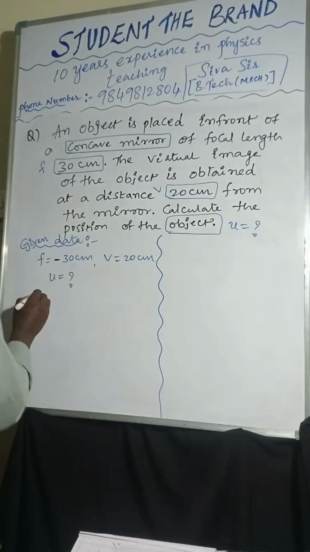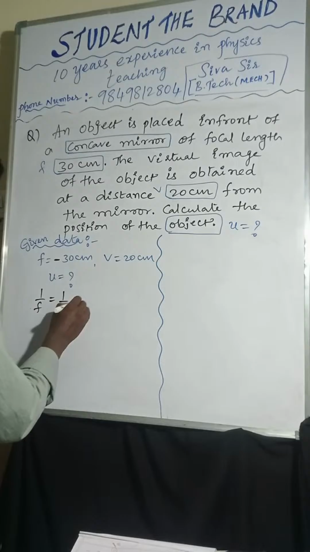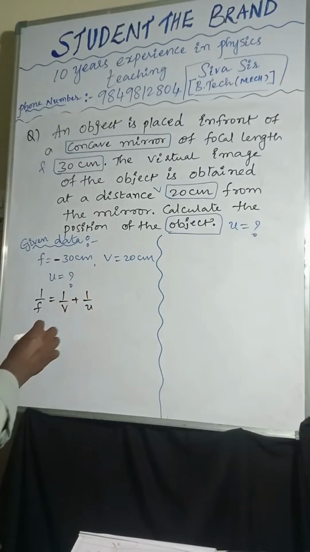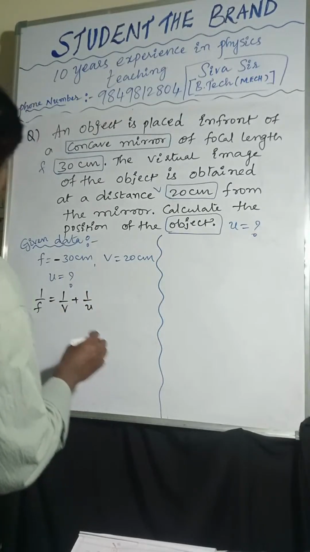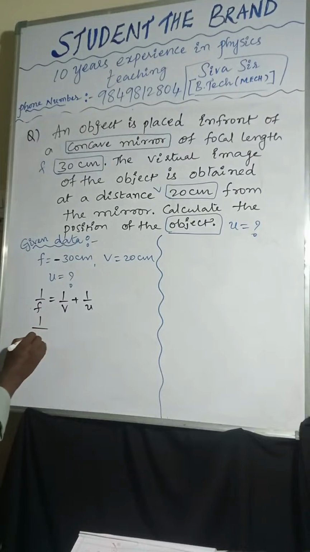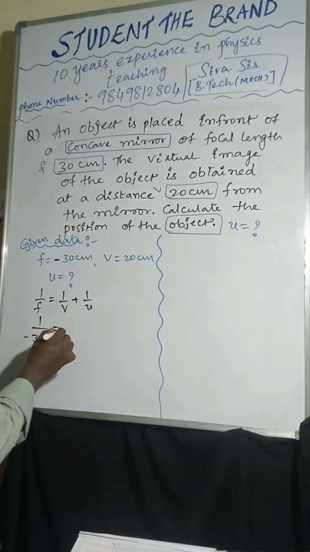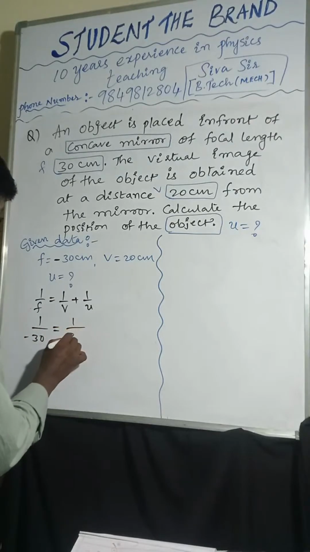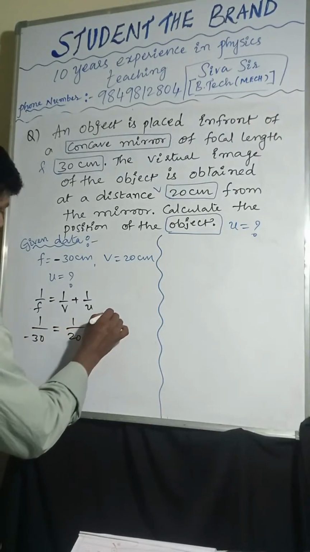Now you can see, 1 by f equal to 1 by v plus 1 by u. So 1 by f is 1 by minus 30, and 1 by v is 1 by 20, plus 1 by u.